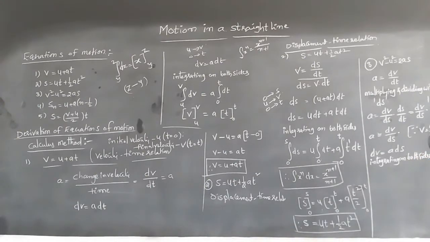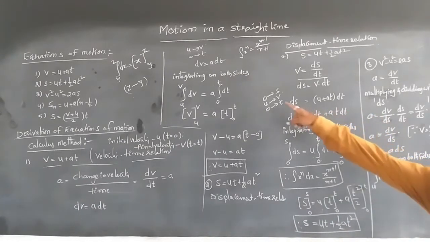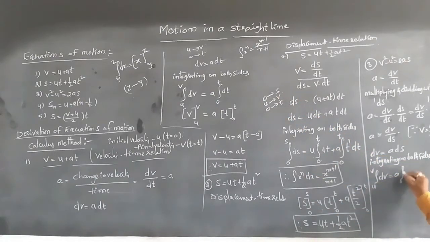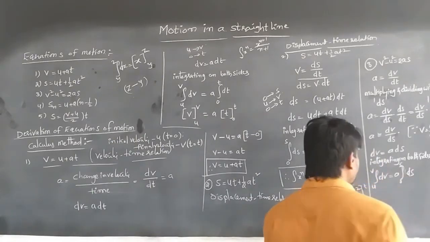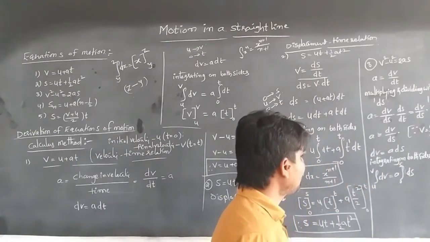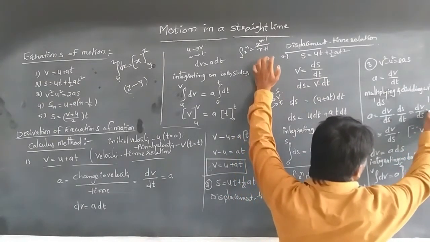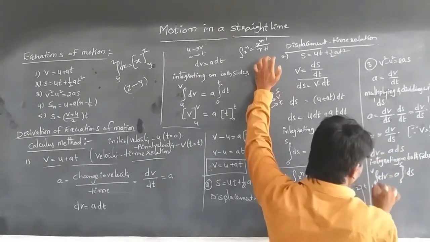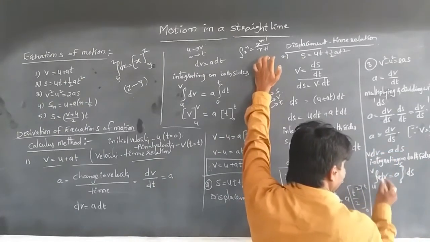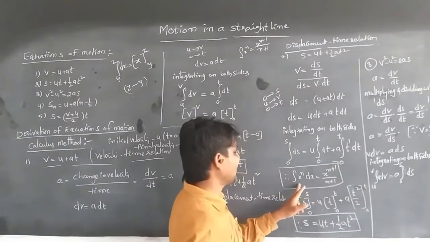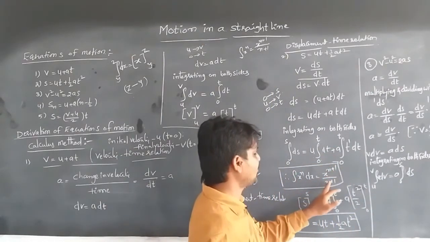Whenever we integrate on both sides, the velocity will be from u to v, that is v dv. Here a is the uniform acceleration, and the displacement will be from 0 to s, that's why 0 to s of ds. By integrating, we already know the formula x power n dx is equal to x power n plus 1 by n plus 1.